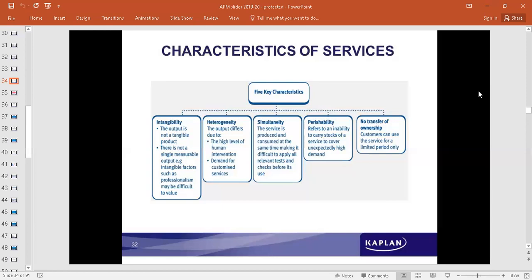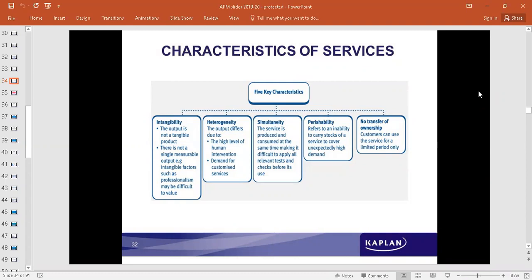The output differs due to the high level of human intervention, demand for customized services. Another important thing is, as the service is provided, it has to be simultaneously also consumed. If the production is done now, it cannot be consumed in the next period. If the service is provided, it has to be consumed immediately.